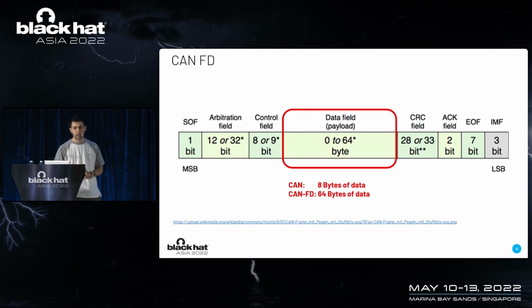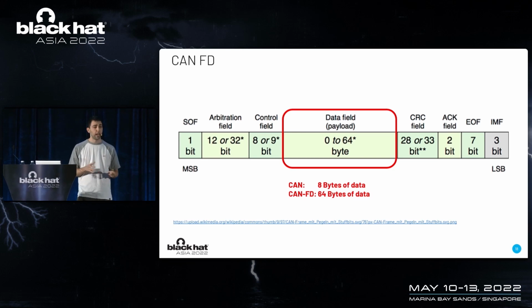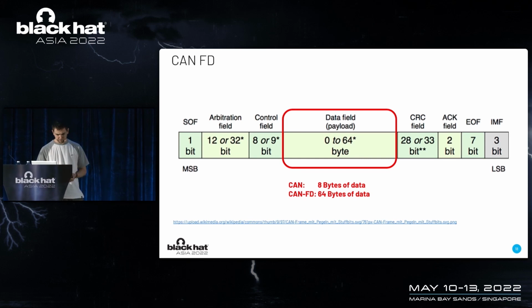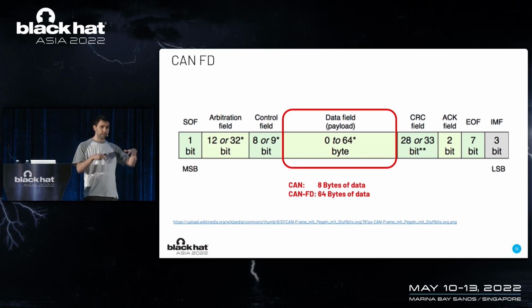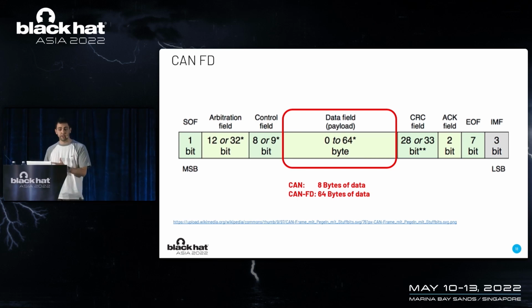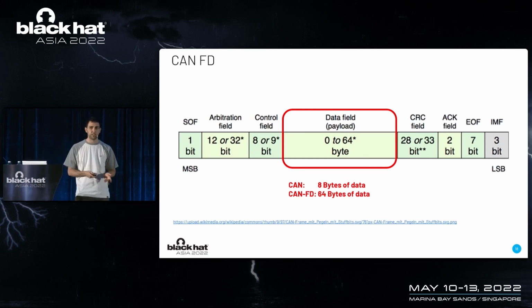For example, for the classic version of CAN, you have 8 bytes to work with. And for CAN-FD, the extension of it, you have 64 bytes. And this is the actual context that we're using with this ECU. We have CAN-FD with it, so we do have 64 bytes that we're able to send to this ECU.